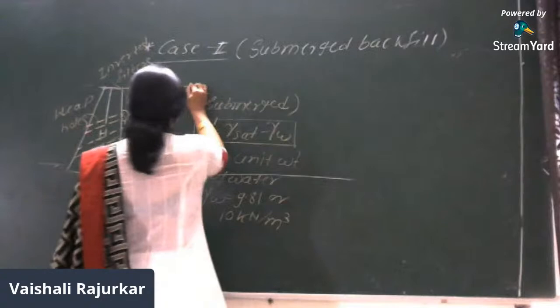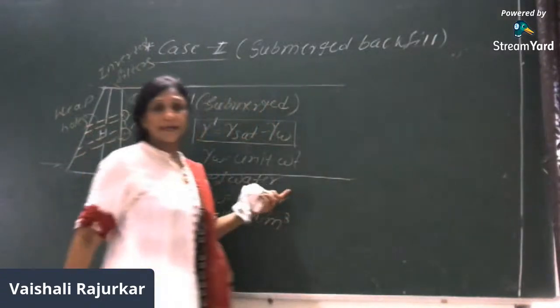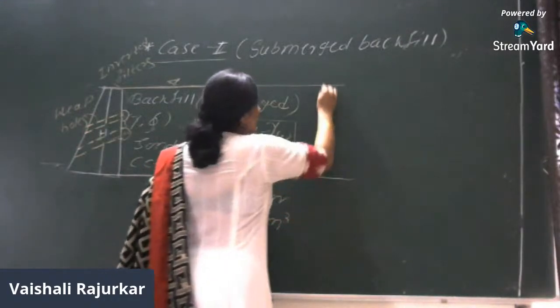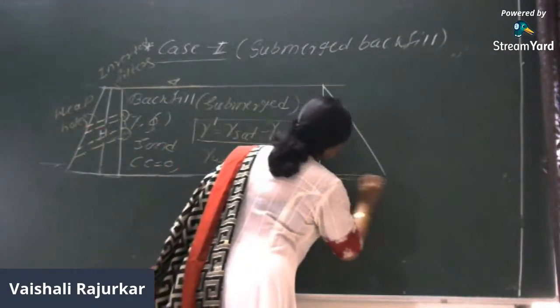Again, the pressure will be maximum at the bottom and zero at the top. But here, the first pressure is due to the submerged unit weight of the soil.